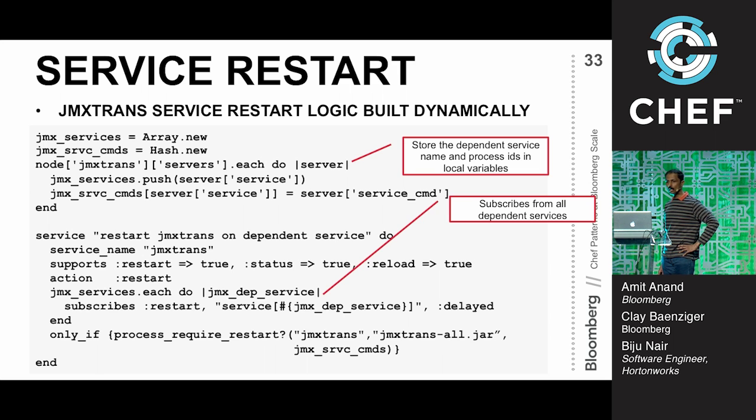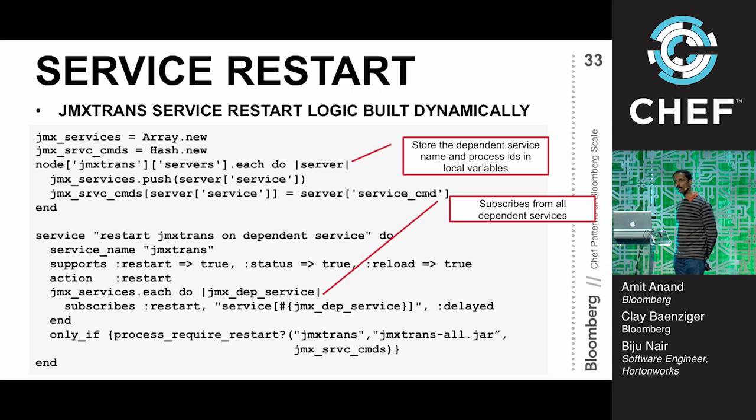And then, as you can see in the service resource in the JMX trans recipe, subscribes will be populated, or different lines of subscribes will be created, for each of the dependent services of JMX trans. So in that way, if any of the dependent services gets restarted in any Chef client run, JMX trans gets restarted. That's fun, and it's straightforward in this case, since Chef gives us that kind of primitive.